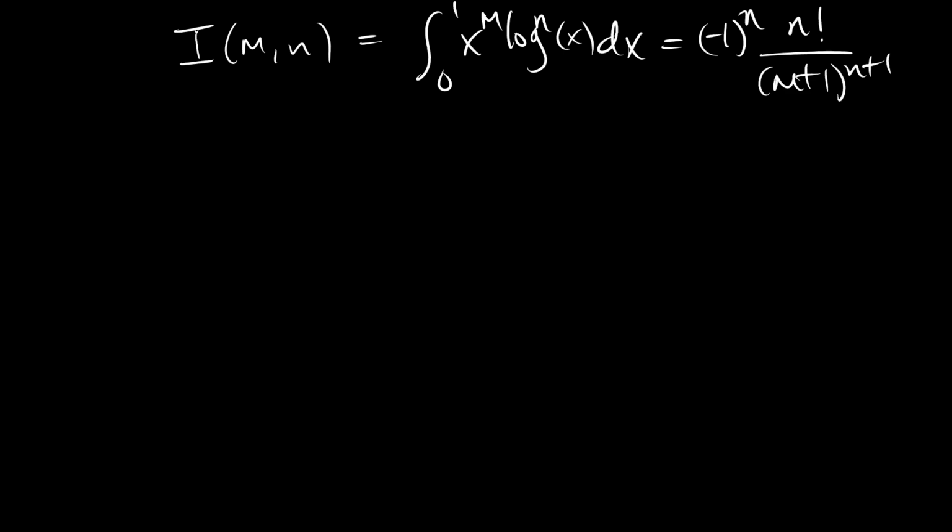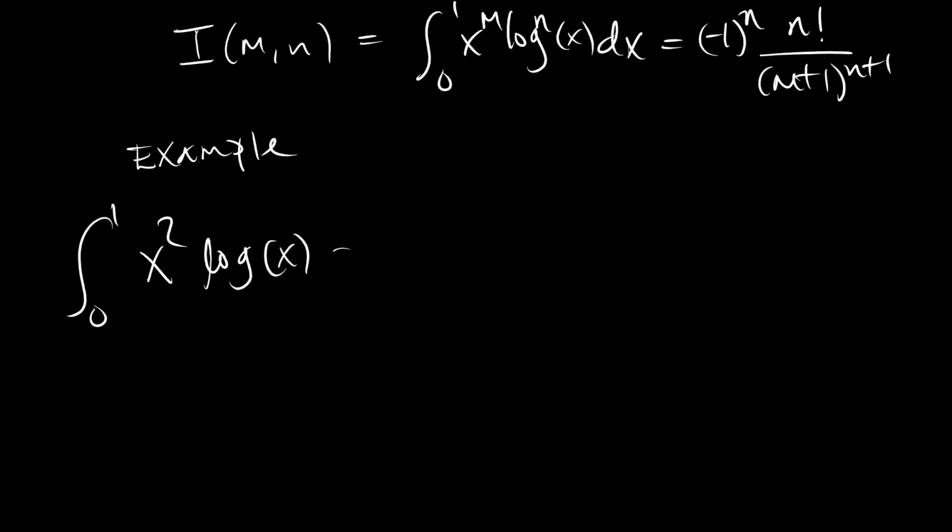So this is important, and we could get an example. Suppose you have an integral from x equals 0 to 1 of x squared, natural logarithm of x. This is the same as negative 1 to the power n. What is n? Our n is 1.